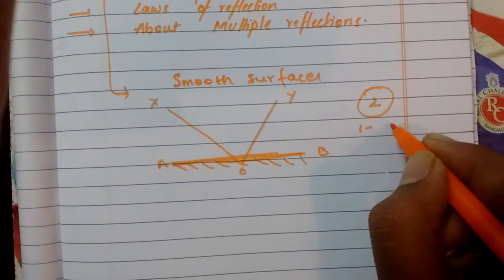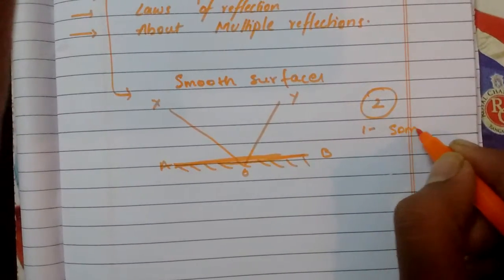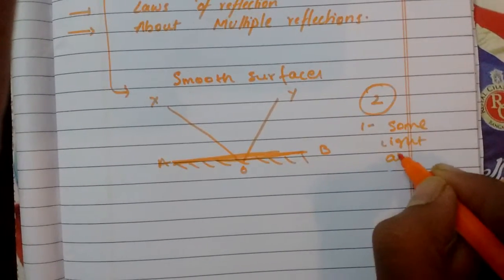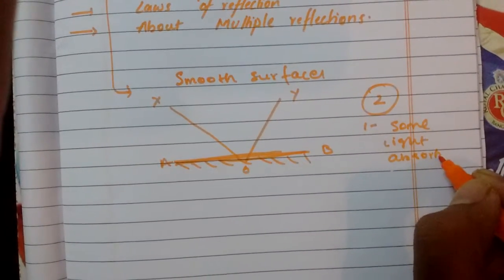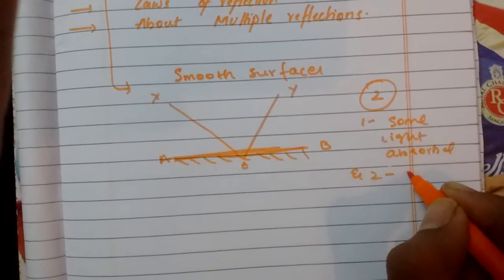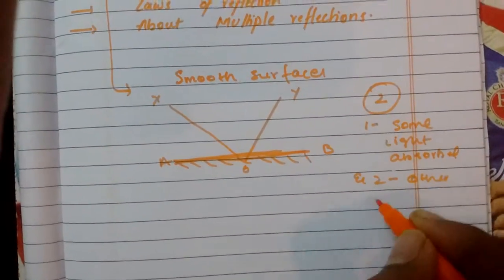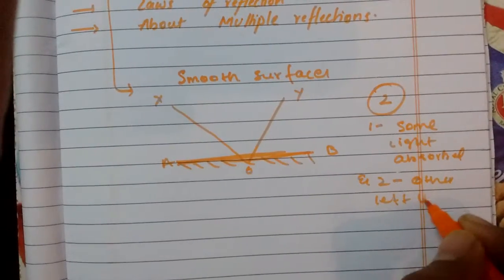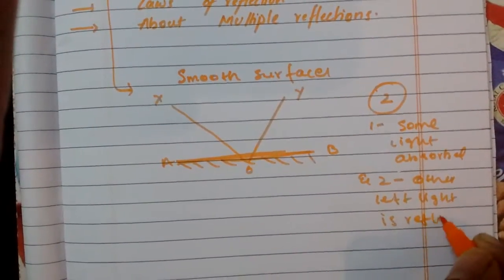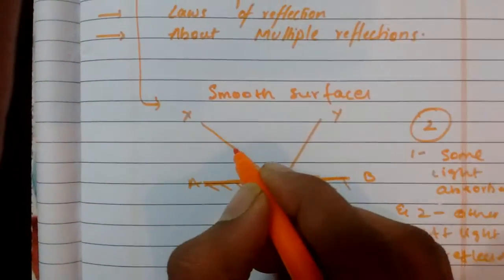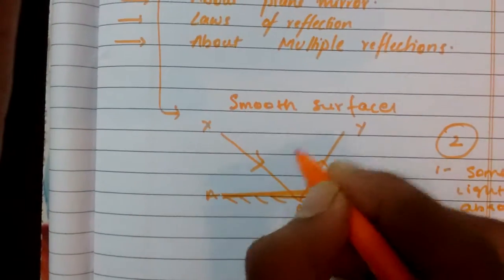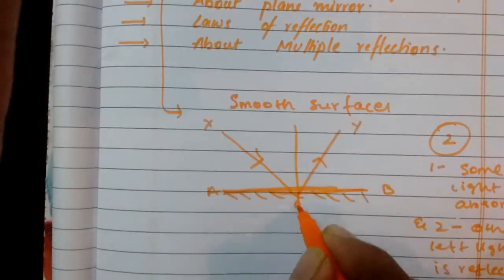One, some of the light is absorbed, and second, the other left out light is reflected like this. It is incident and it is reflected, and this is the normal to the plane.